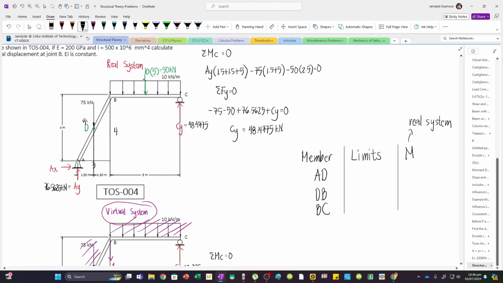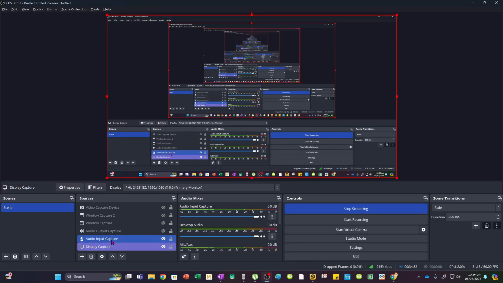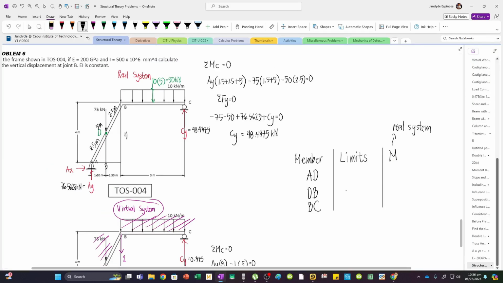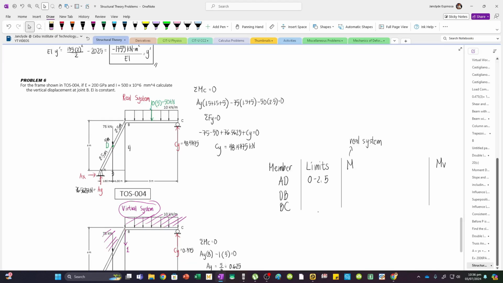So, this is 5 meters. But then, since this is divided into 2, because we have 1.5 and 1.5, then the length of member AD must be 2.5 meters, as well as member DB. So, for the limits, I have 0 to 2.5 for AD. And then for DB, I have also 0 to 2.5, while for BC, I have 0 to 5.